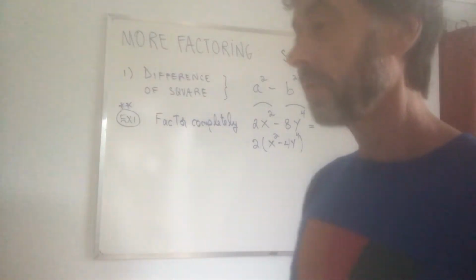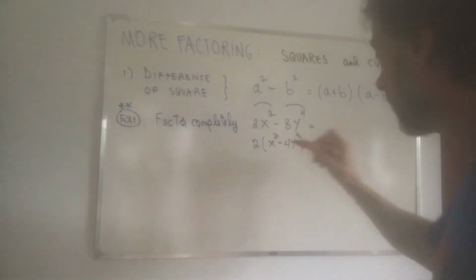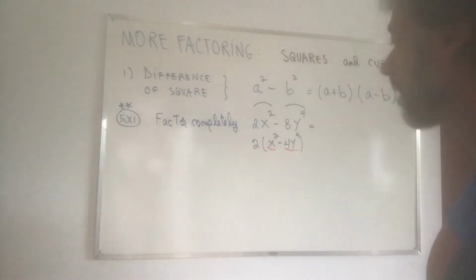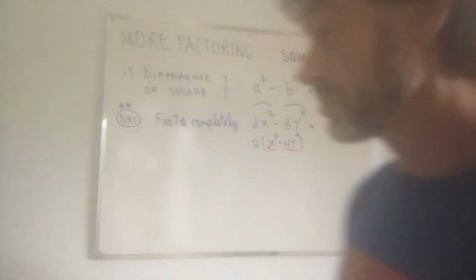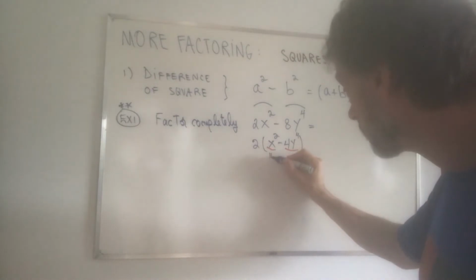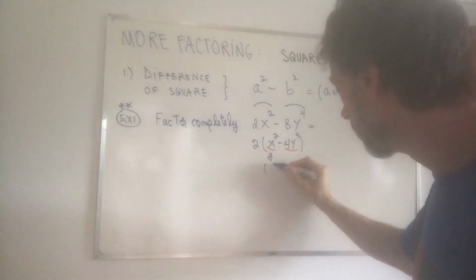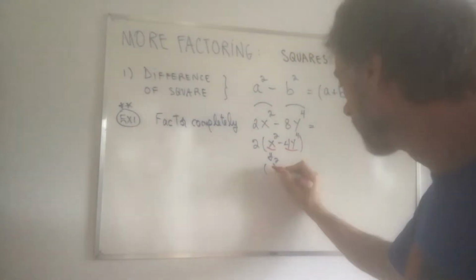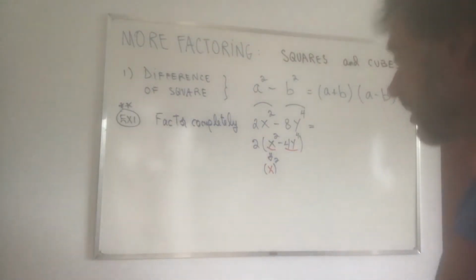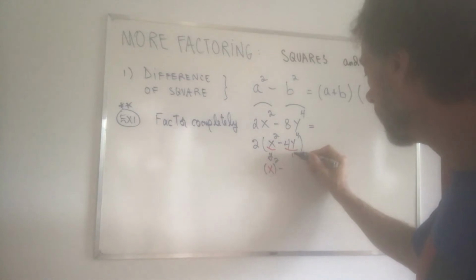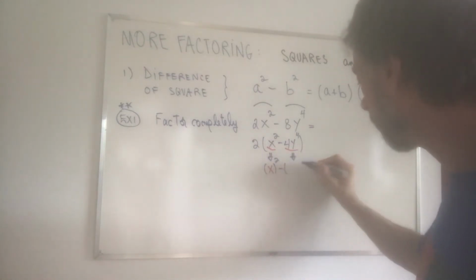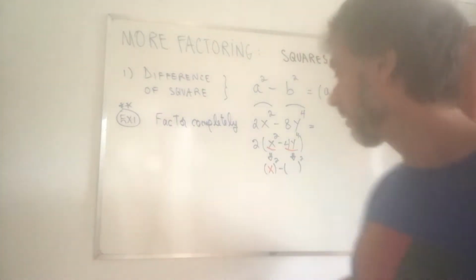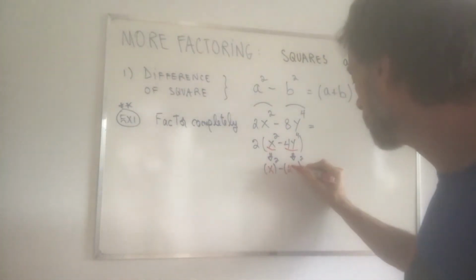And now the question arises, is this a perfect square? And is this a perfect square? And the answer is yes, because this is the square of what? It's the square of x. And the other one is what? Is it a perfect square? Yes, it's the square of 2y squared.